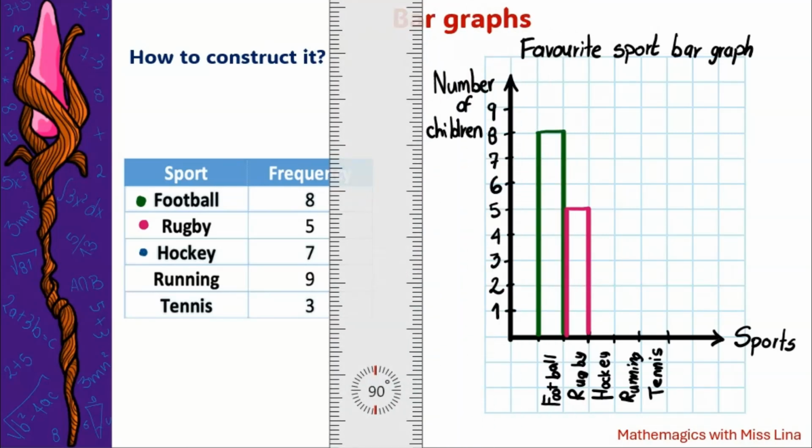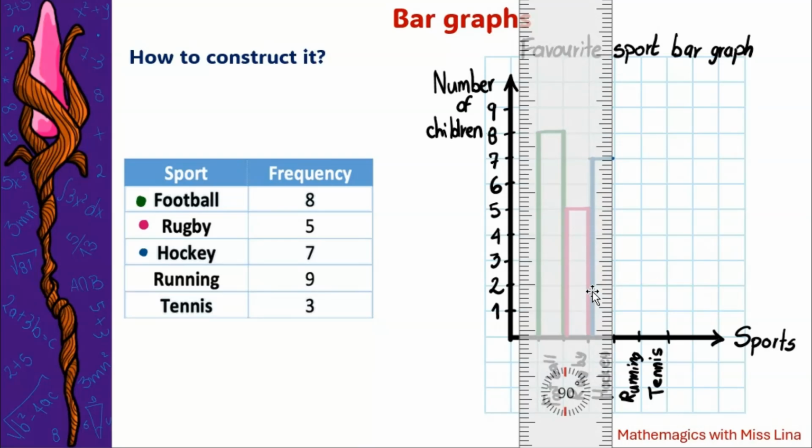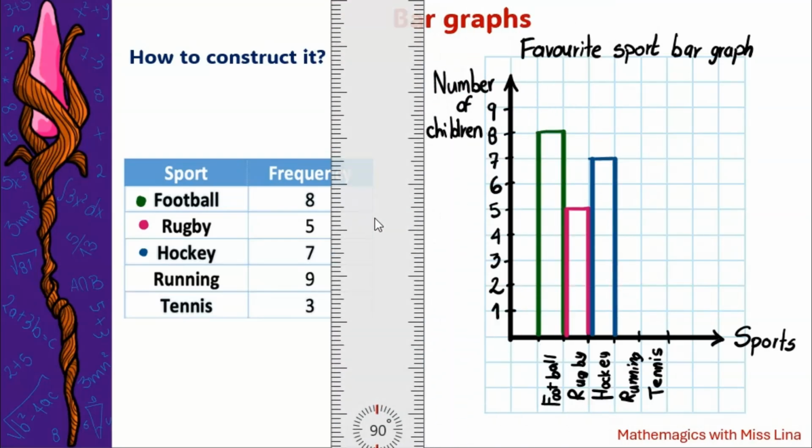Let's use blue for hockey in 7. Orange for running. Running is going to be 9.